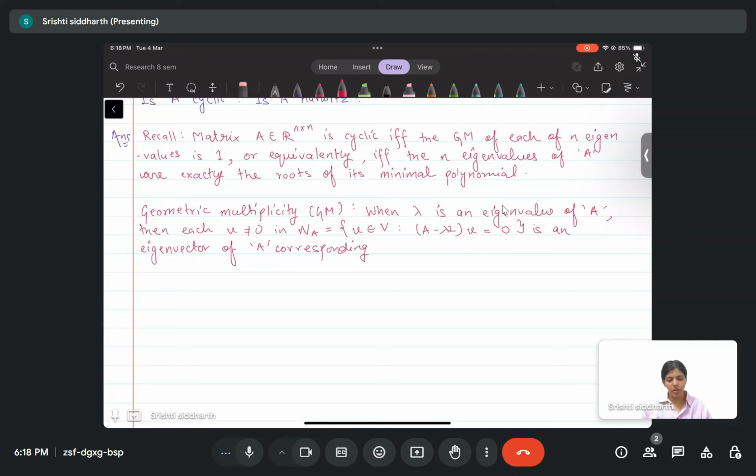For each eigenvalue, we have a space N_A which contains all the eigenvectors corresponding to lambda. For A in R^(n×n), it's a subspace of R^n. The dimension of this subspace N_A is called the geometric multiplicity of lambda.